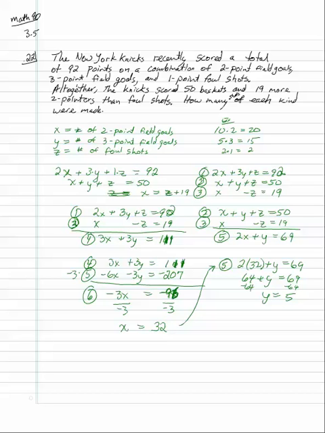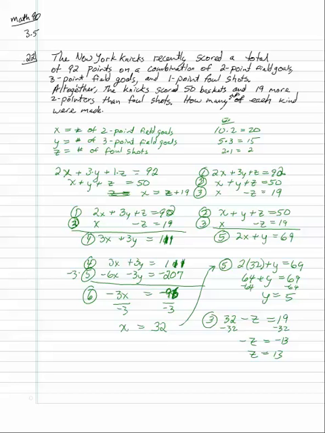And then take equation 1, 2, or 3 and plug it in. Let's take equation 3. 32 minus z equals 19. So subtract 32. So negative z equals negative 13. Divide both sides by negative 1. So z is 13.